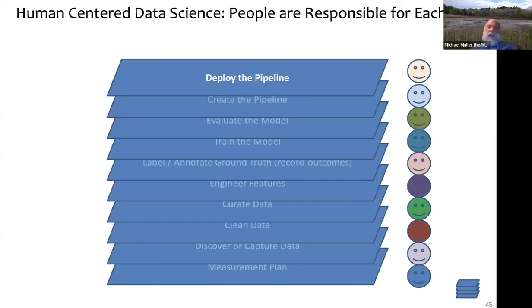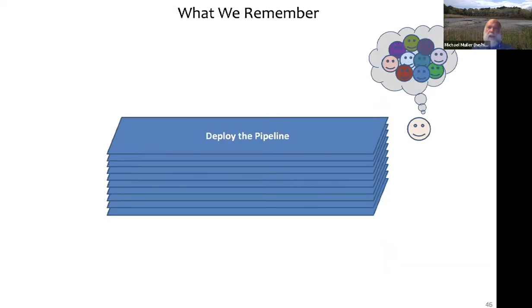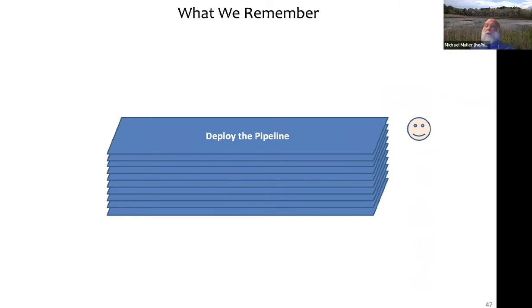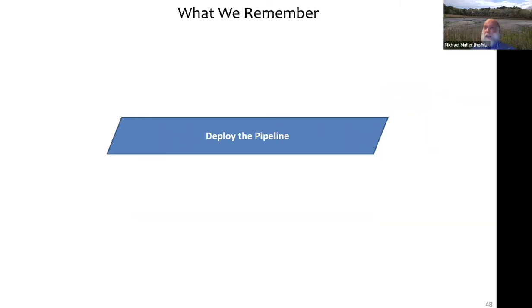We know briefly that there's a bunch of diverse people who are contributing to this, but really, we mostly remember them while one person is deploying the pipeline, and pretty soon we forget. And then all we've got is the pipeline, and there are no human beings left in this picture.